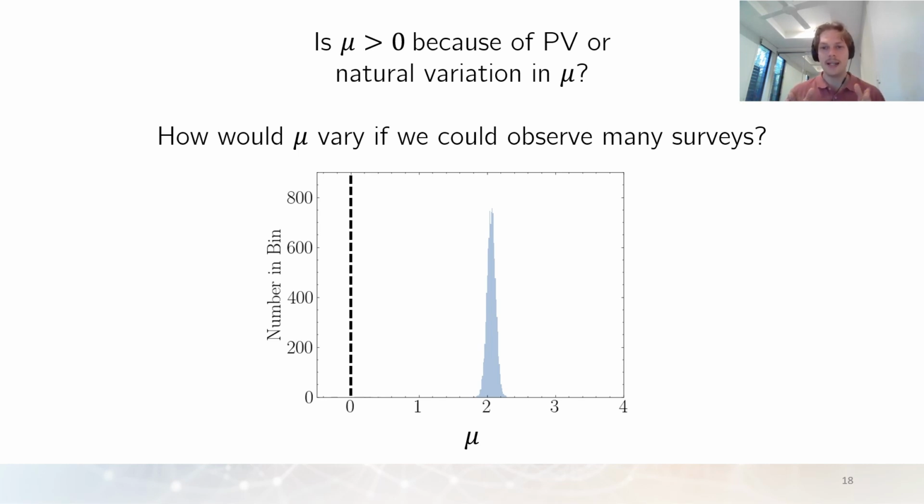And if this distribution is very different to the value of mu equals 0, then we can basically exclude that the parity violation is caused just by random chance. And we can be certain that this is actually coming from true parity violation.